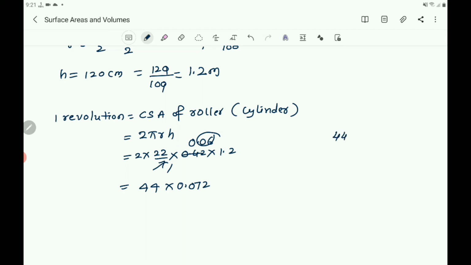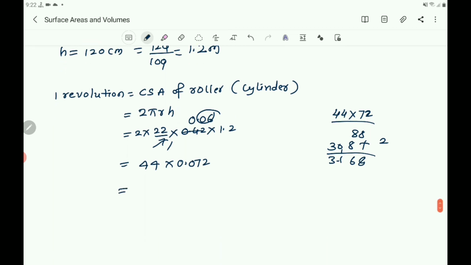Then it becomes 44 into 72, that is 3168. You will get 3 digits after the decimal point, means you will get 3.168 m square. So 1 revolution, that is CSA of the cylindrical roller, is 3.168 m square.